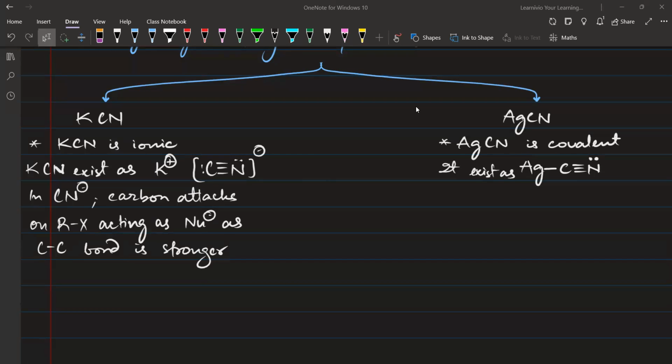Carbon. Then predominantly what will attack? The carbon will attack because it is going to have a strong bond with other carbon atoms. CC bond क्या होगा? Strong होगा. Right? That is why we get what? RCN. The alkyl group is connected with the C atom. And this is alkyl cyanide.